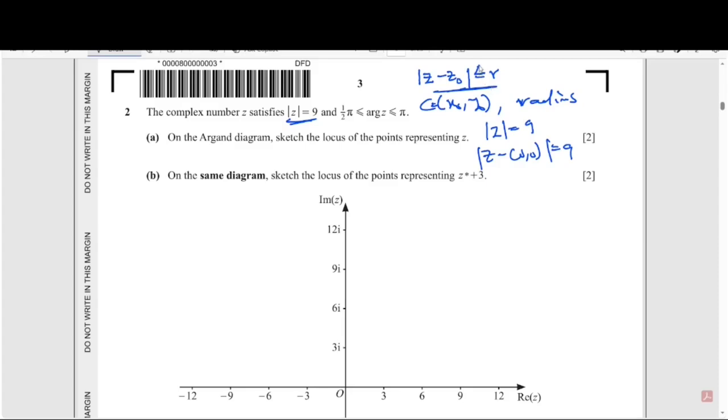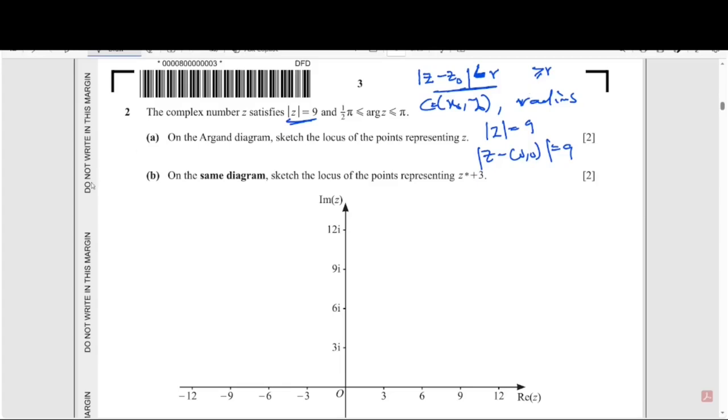If it's just less than, then we are only referring to the inside of the circle, where the circumference is excluded, so the circumference should be drawn with broken lines. And if you see greater than r, that means you are referring to the outer portion of a circle centered at z naught with a radius of r, and the circumference is also not included in the curve. If it's greater than or equal to, it's still the outer part of the circle, but the circumference is included.